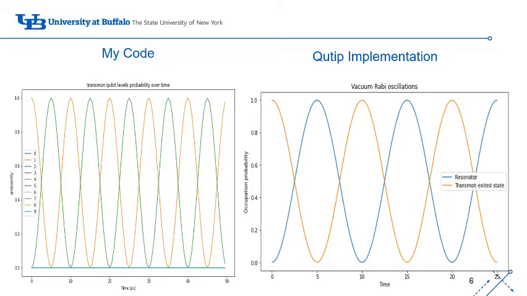Initially it was in the excited state, and what's happening is eventually it will come down and become 0, that you can see as an orange line in the first part. So the probability of being in an excited state of the transmon becomes 0, and after some period of time it will become 1.